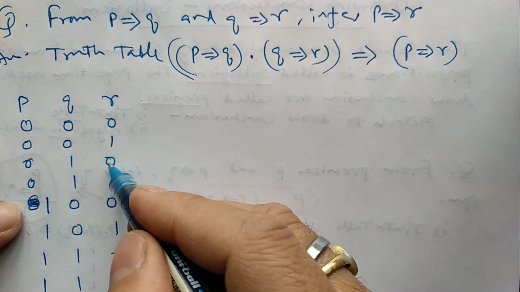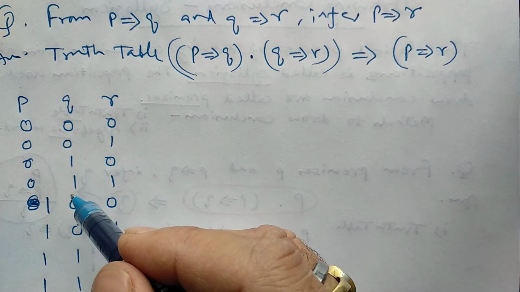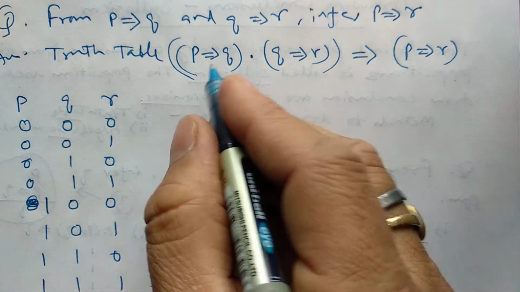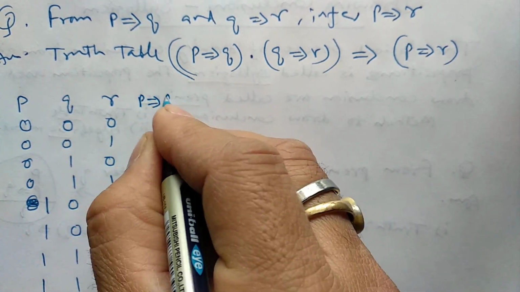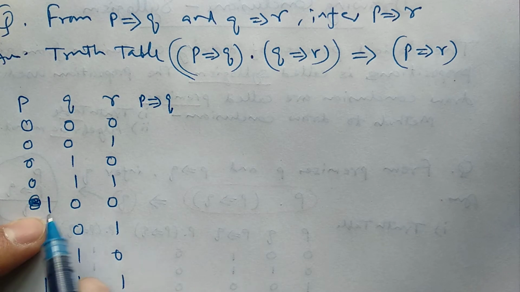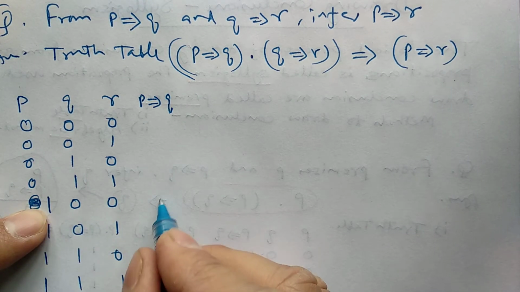P implies Q: if P is 1 and Q is 0, then it is 0.